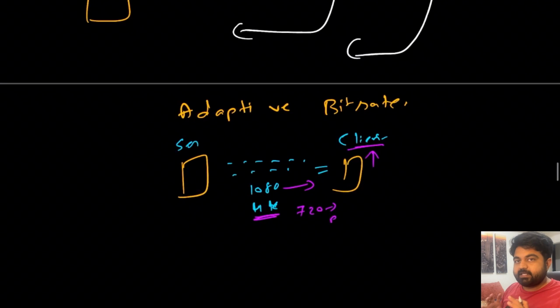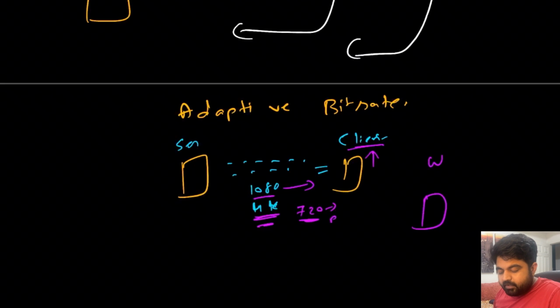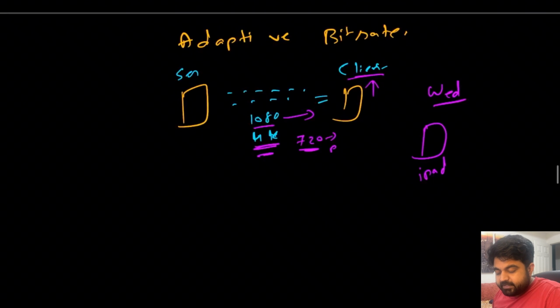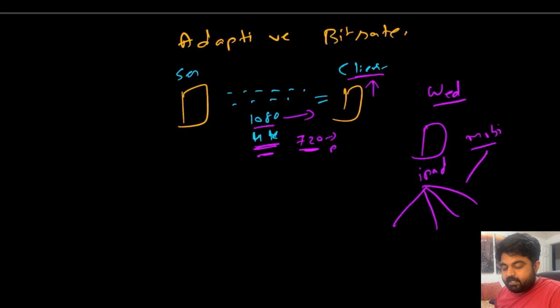And the funny thing is that all of these are stored in separate files. Let's say that we have a movie called Wednesday. For this movie there would be a file that is compatible with iPad, another file that is compatible with mobile, and for each version there would be 4 or 5 separate files with all of those different bit rates.